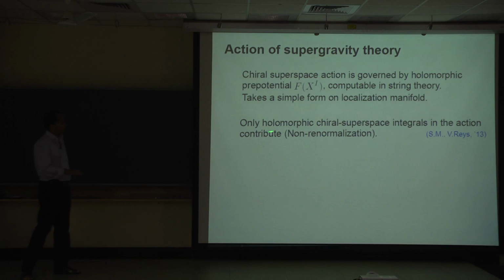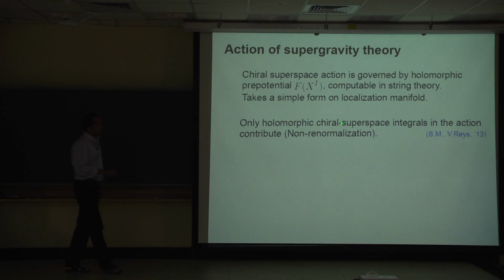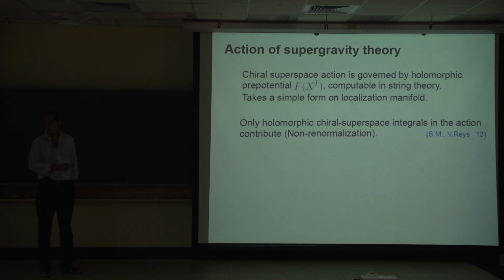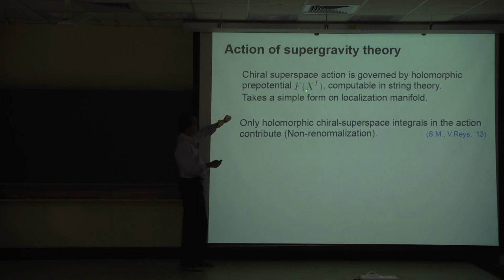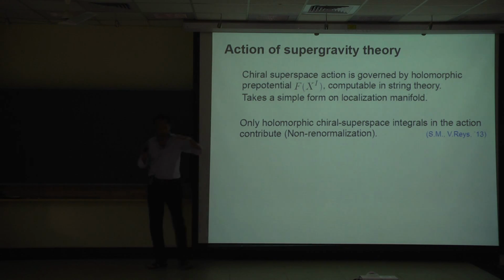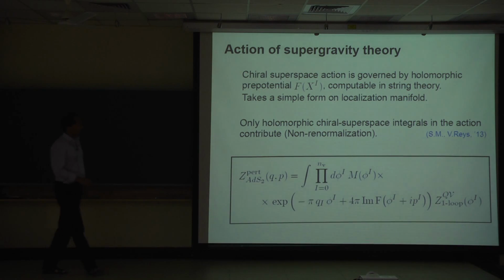Okay, so you can show, this statement has some caveats, not a complete theorem, you can show that essentially only the chiral superspace integral matters. Okay, so therefore you're reduced to something controllable. And now you want to put this in the action, and when you do that, what you get is something like so. Okay? So the functional integral reduces to this n_V plus 1 dimensional manifold with some classical measure M times the classical action reduced to something very simple.